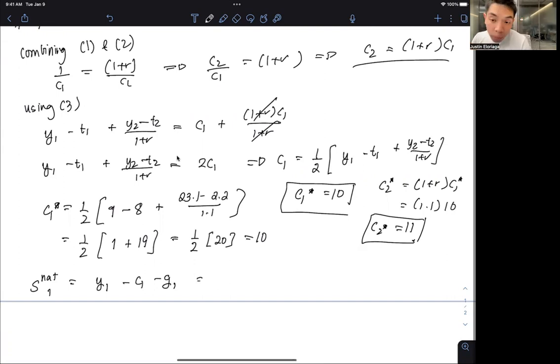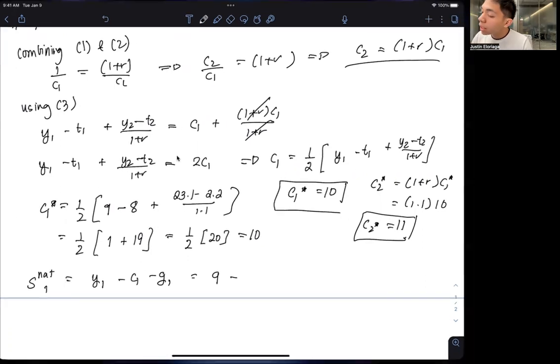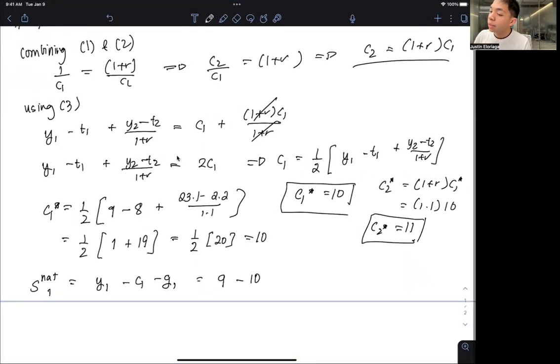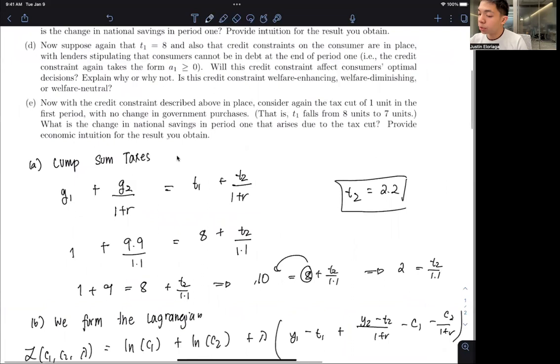Well, we know Y1 is equal to 9, C1 is equal to 10, and G1 is equal to 1. So 9 minus 10 is -1, minus another 1 is going to be -2. So S^nat_1 is equal to -2. Okay, that's what we have there. So simple, straightforward. That's number 2.